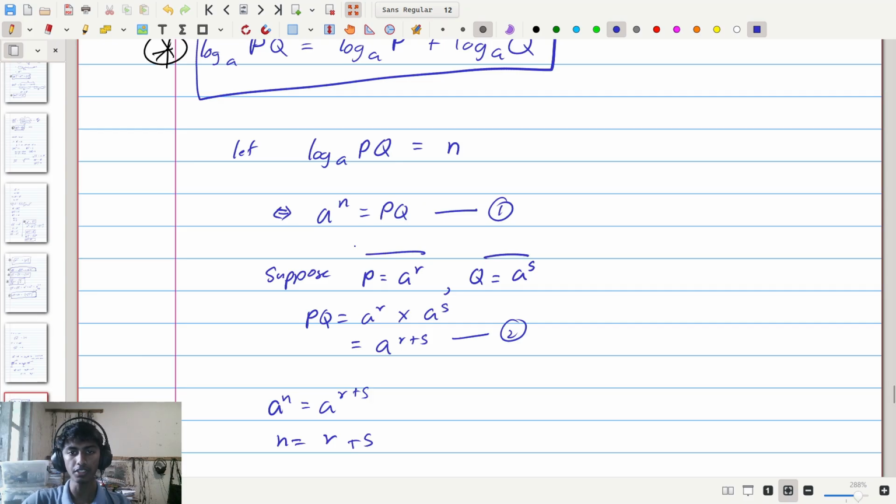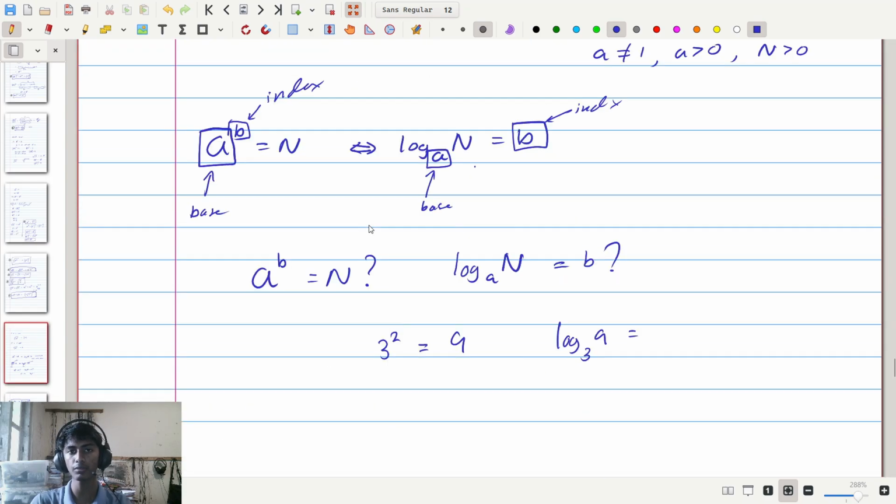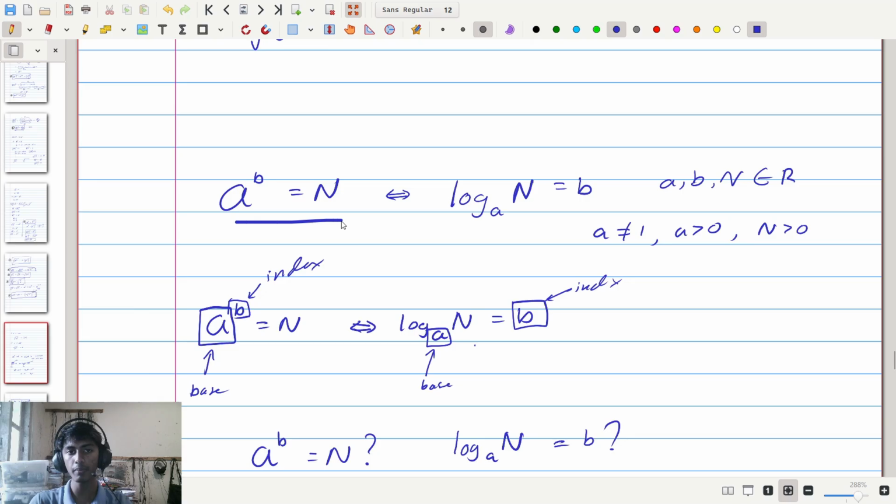From these two equations, which I'll quickly write on the side, p equals a to the r implies that r is equal to log base a of p. I hope you can all agree on this, for this is literally how we define the logarithm. We define the logarithm such that if a to the b is equal to n, then log base a of n is equal to b.